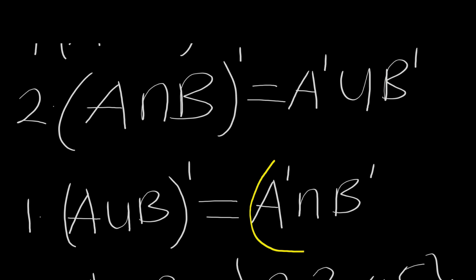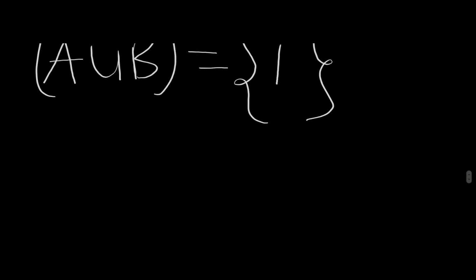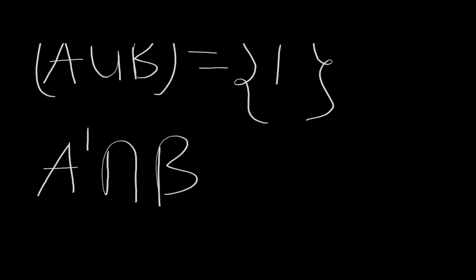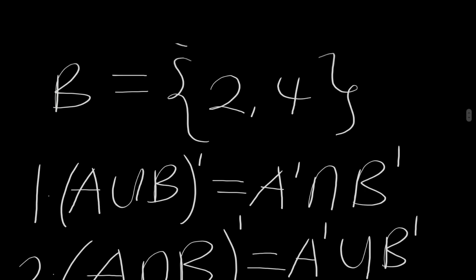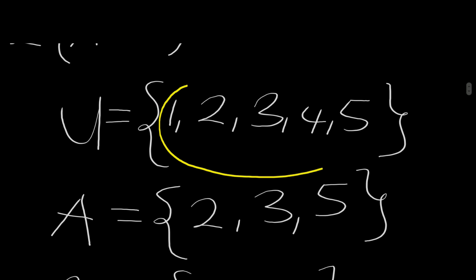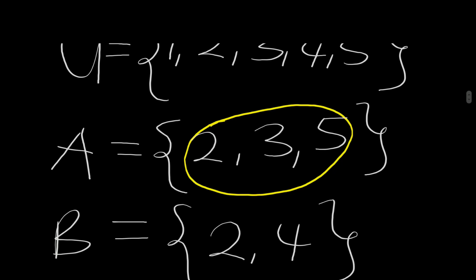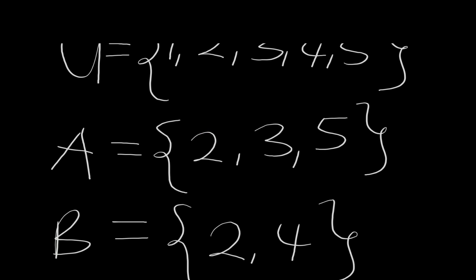Let's find A' intersection B'. What does it mean? Let's find the A' first. A' means that all the elements that can be found in the universal set but cannot be found in set A, those elements are the A'.